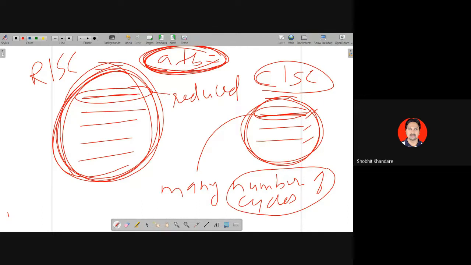So these are the two main basic differences between the CISC and the RISC. The remaining differences we will see in the next lecture. I think we can stop for today. Next lecture में आपको मैं बताऊंगा more properties of the CISC and the RISC.